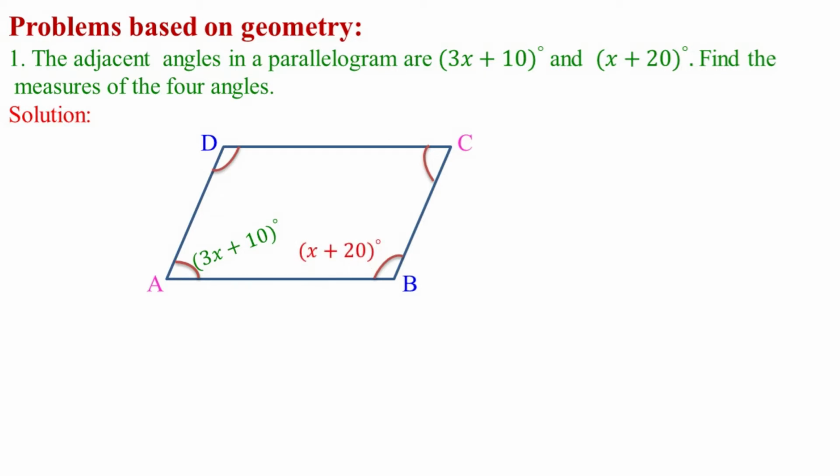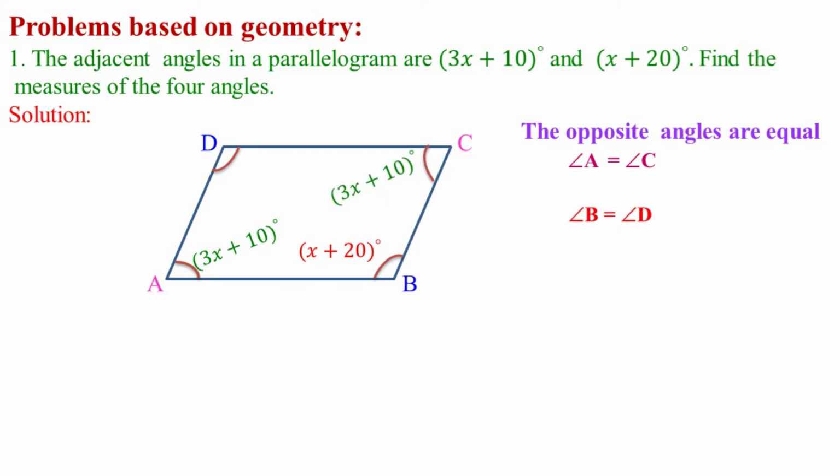Angle B is x plus 20 degree. As I have told you already, opposite angles are equal in a parallelogram. So, angle A is equal to angle C and angle B is equal to angle D.